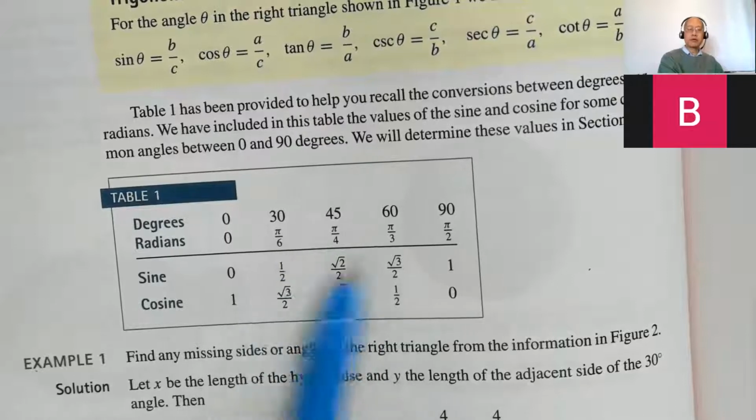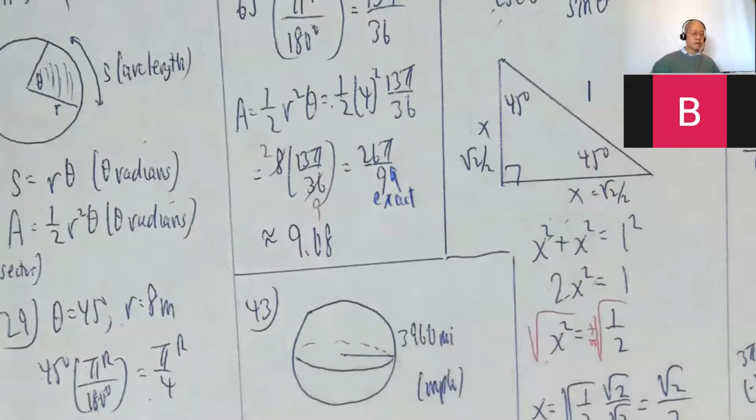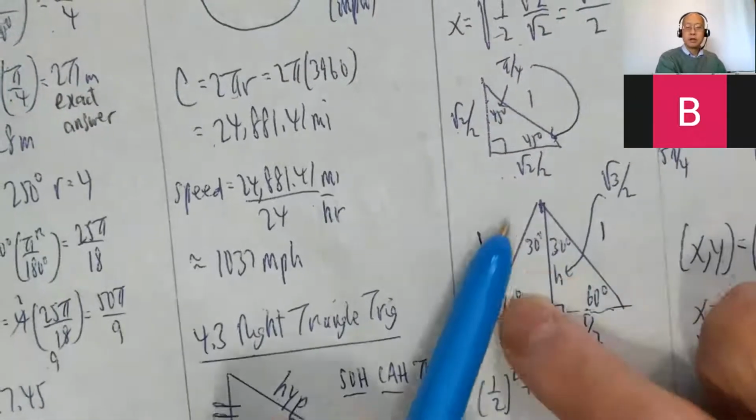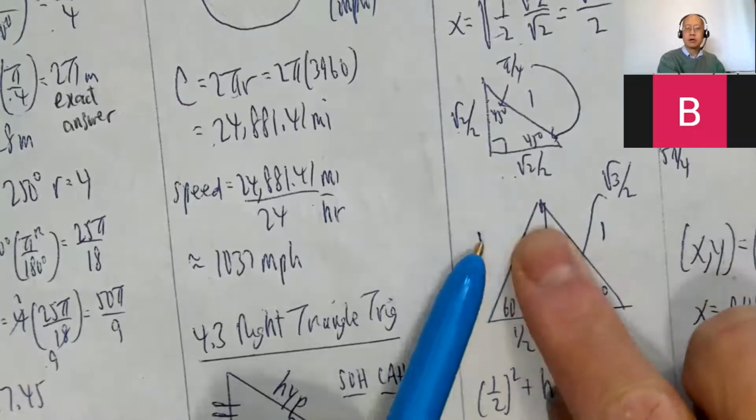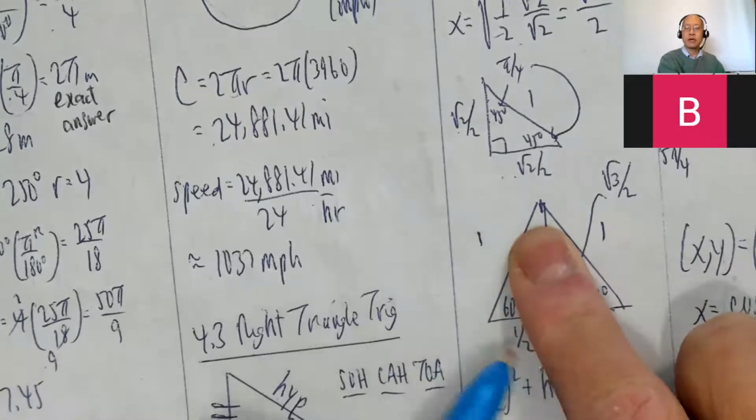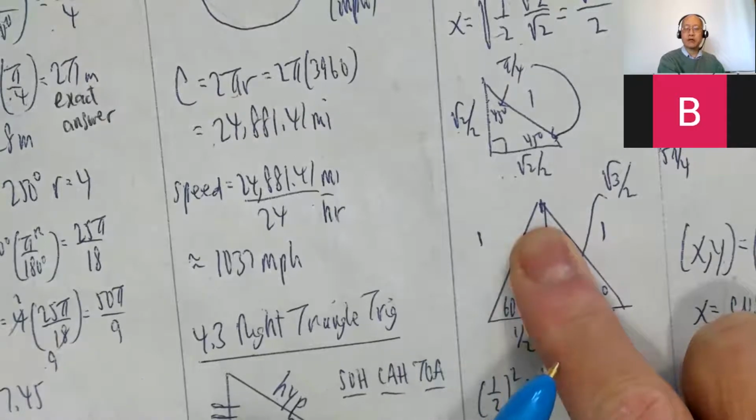Okay, how do I come up with 30 and 60-degree marks? So I start off with an equilateral triangle. All the sides are 1, 1, 1, and 1. There's a 1 down here. I'm intentionally covering it up.